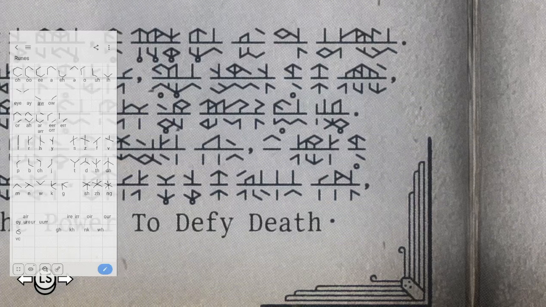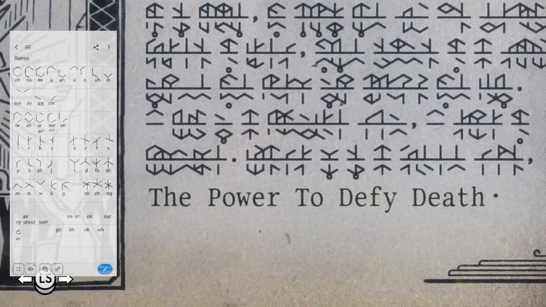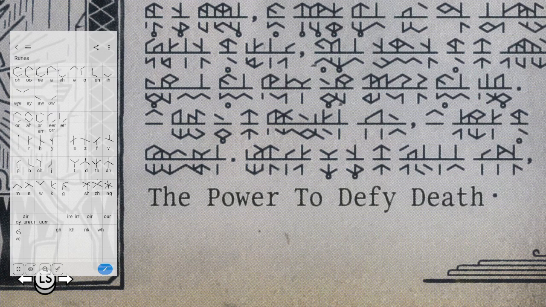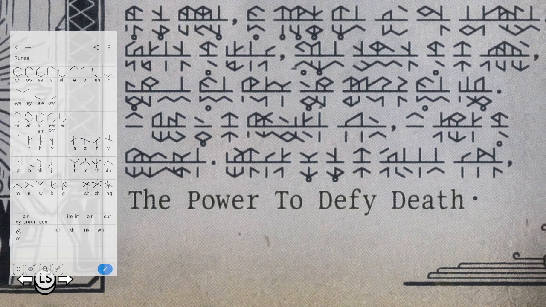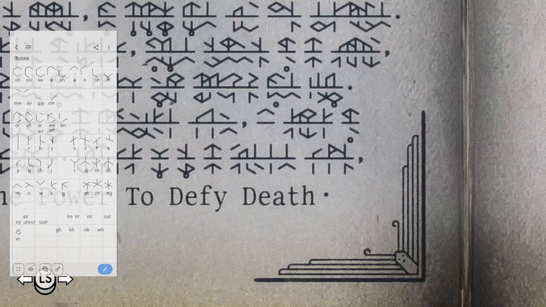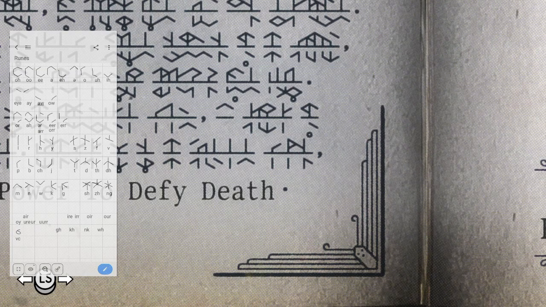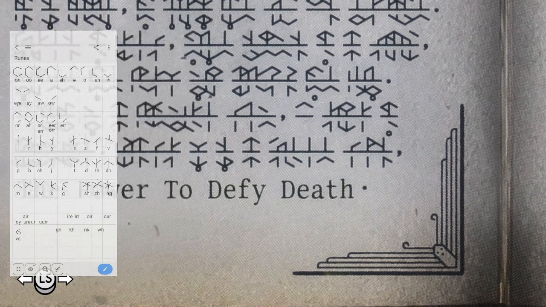A store of potential, perhaps it is the fabled prize, the power to defy death.